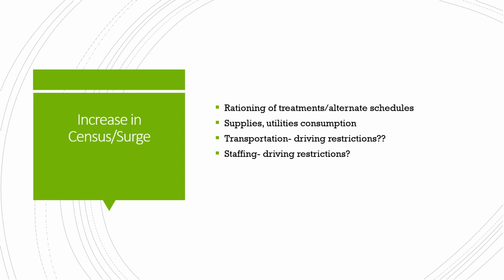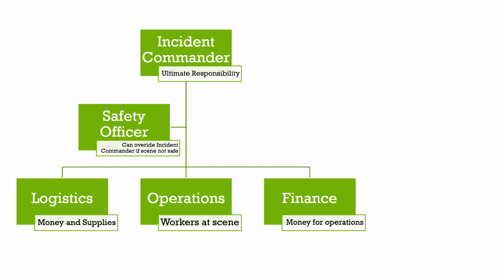And then unfortunately, because so many died, they hardly had any. Again, this is a review of that other graphic we showed. So you have someone in charge, a safety officer, logistics, operation, and finance. Much the same in a hospital as it would be for going to a site.